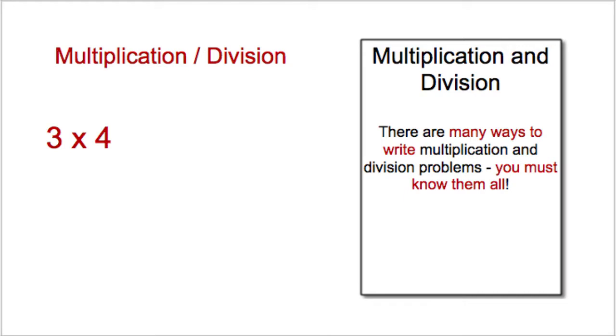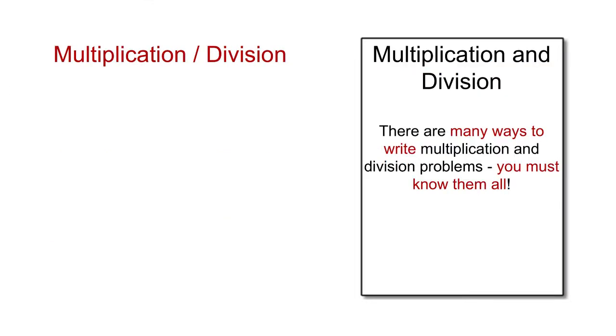It can also be written as a dot between two numbers or two values, or it can be written as one number on the outside of a set of parentheses with another value inside the parentheses. Finally, we can also write multiplication as a coefficient, where it is a number written right next to a variable. That indicates that we are to multiply that number and that variable.